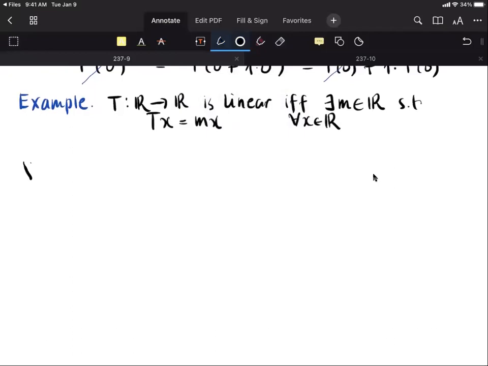Now, let us add additional structure on our vector spaces. Suppose now that X and Y are normed spaces.